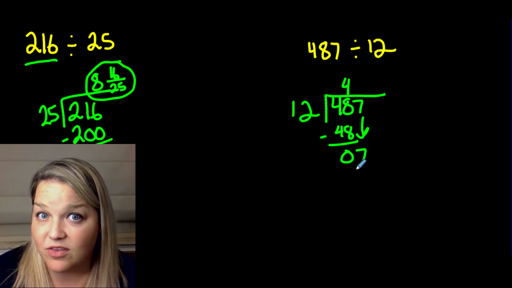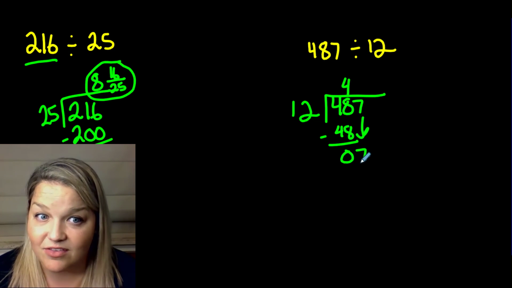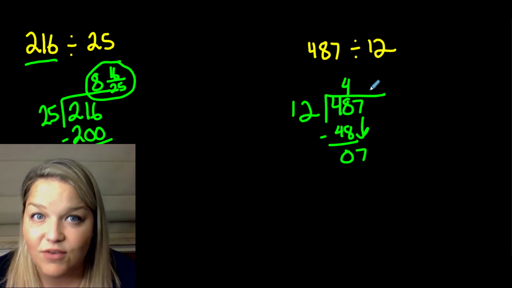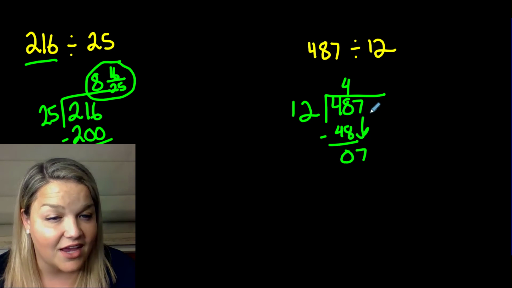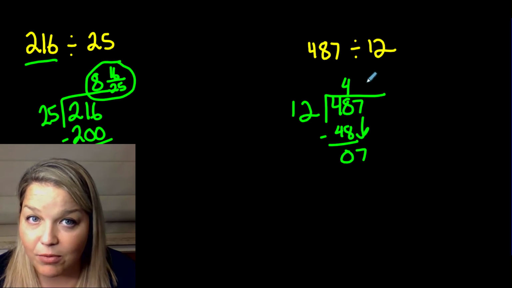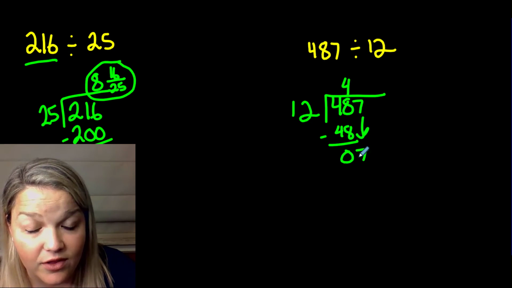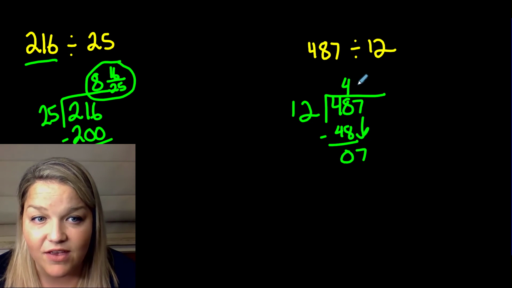Well, sometimes this is where a student might make a mistake, and they might say, 12 goes into 487 4 and 7/12 times. But wait a second. I did not record an answer above this place value. So since 12 can't go into 7, I need to record that. 12 goes into 7 0 times. 0 times 12 is 0.